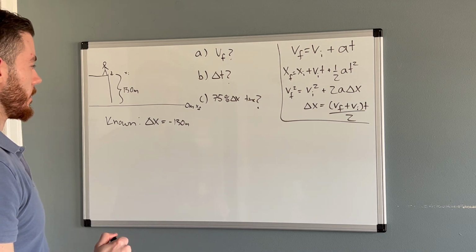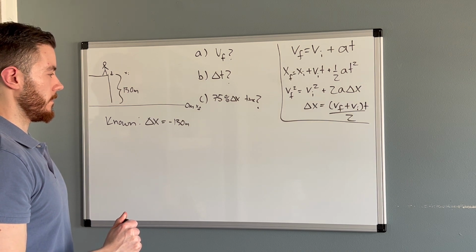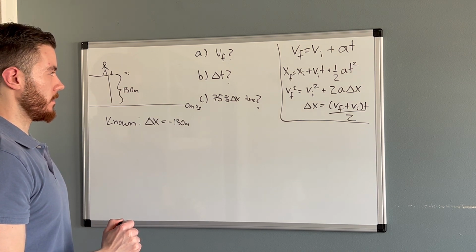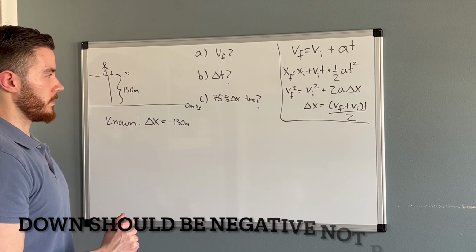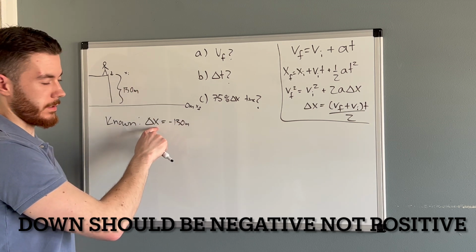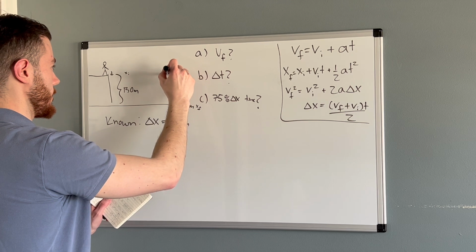Let's say that down is positive. So 0 minus 130, delta x is negative 130 meters. So down is positive.